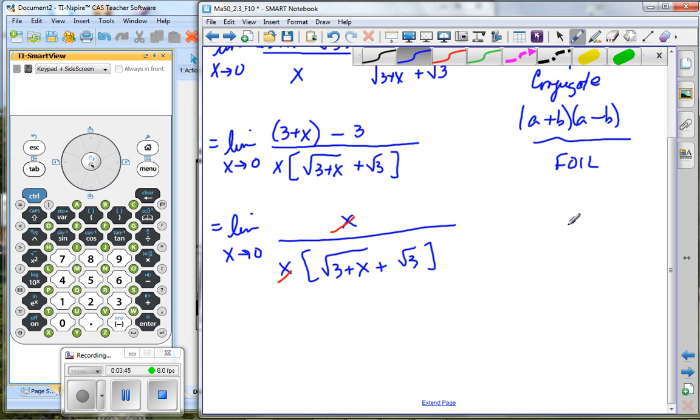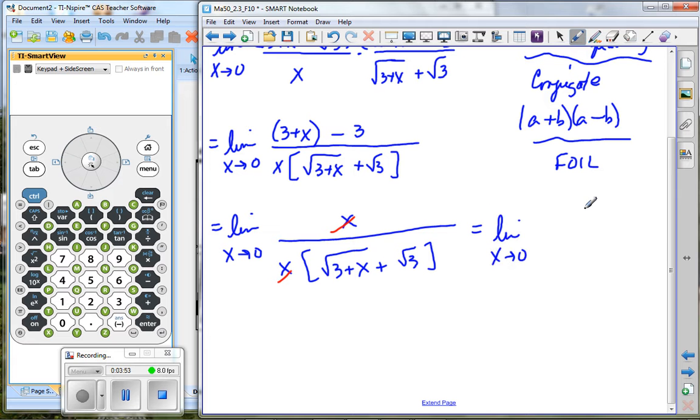What we're left with then is the limit as x approaches 0 of 1 divided by the square root of 3 plus x plus the square root of 3. Now, at this point, can we substitute 0 in for x?